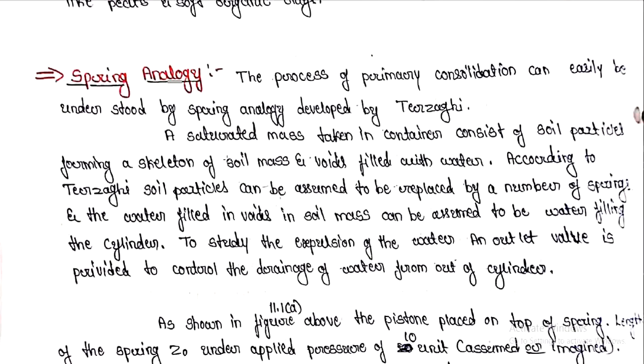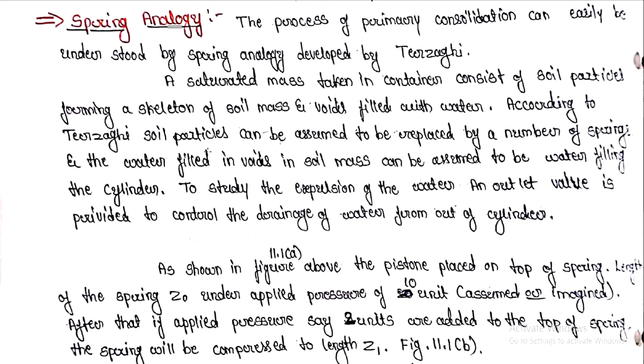Spring analogy. To understand this concept of consolidation, Terzaghi prepared a method called the spring analogy. A saturated soil taken in a container consists of soil particles forming a skeleton of soil mass and voids filled with water.